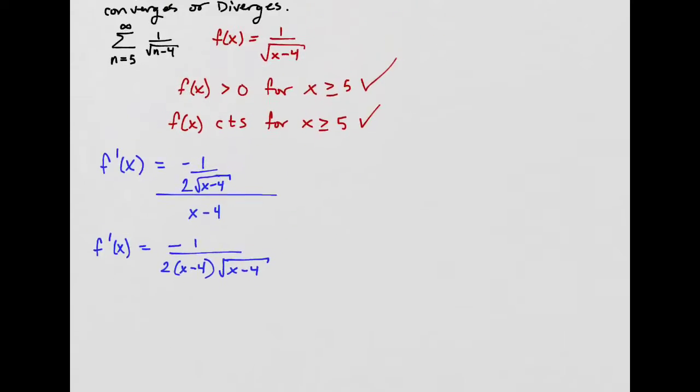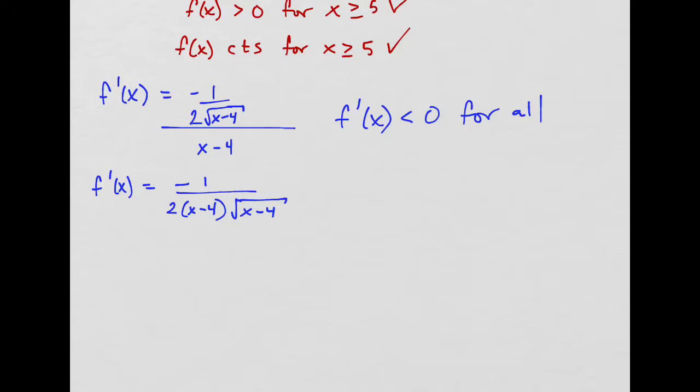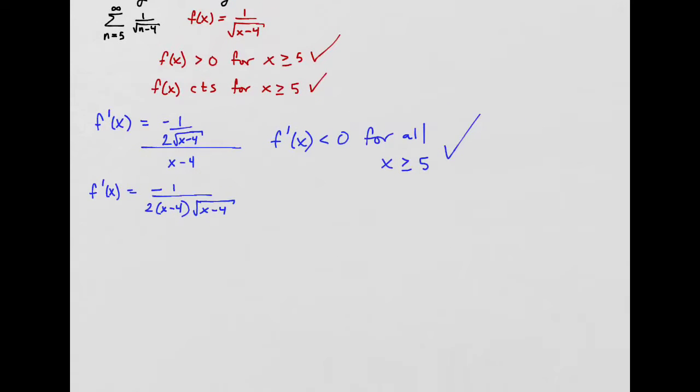We get negatives, so we can now say f prime of x is less than 0 for all x greater than or equal to 5, and that has verified our third condition, and we can use the integral test now. So what does the integral test say?